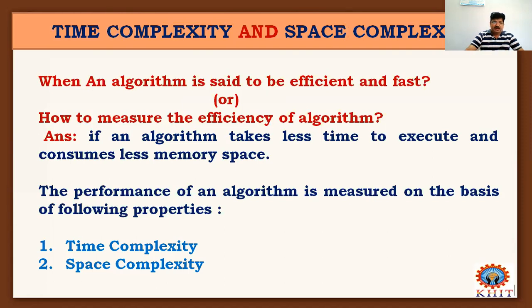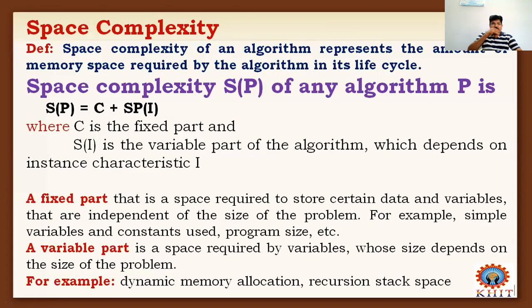Now let us discuss the time complexity and space complexity in detail. Firstly, we will discuss space complexity. The definition of space complexity is that the space complexity of an algorithm represents the amount of memory space required by the algorithm in its life cycle.